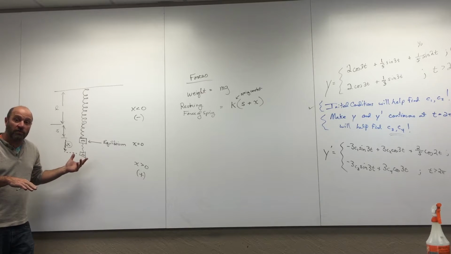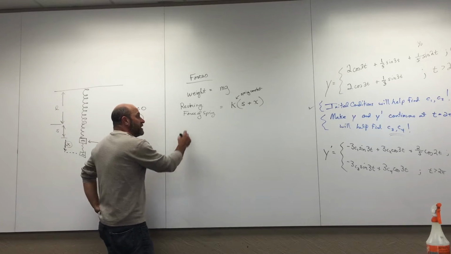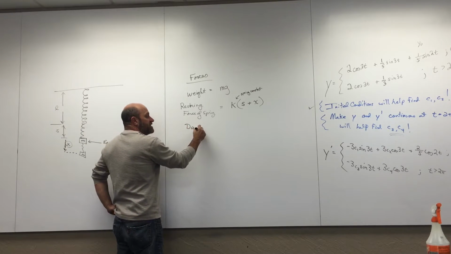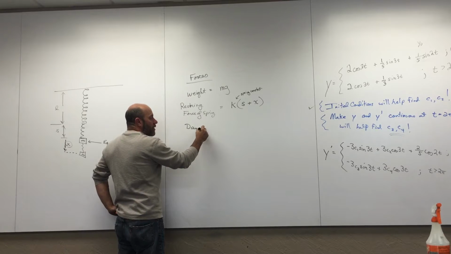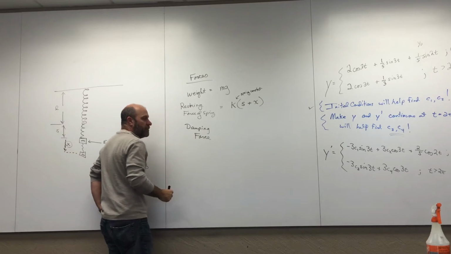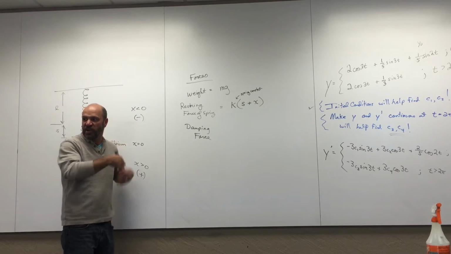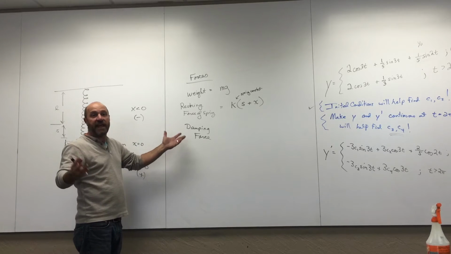So it's called resistance or friction, or what we call it is a damping force. It's a damping force. It is just a friction or air resistance in a way, but in general, we don't call it air, we call it a damping force.